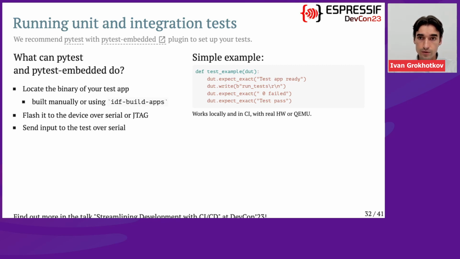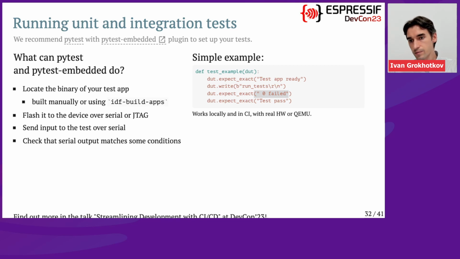It can send input to the application, for example, if your app needs a certain console command to start the test cases, and then it checks the serial output for specific conditions. For example, if your application is printing the number of passed and failed cases, you can expect that in this case you actually get 0 failed test cases. And you can also specify regular expressions and other things.